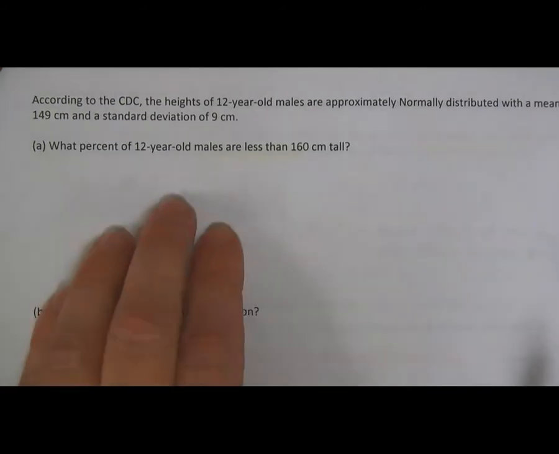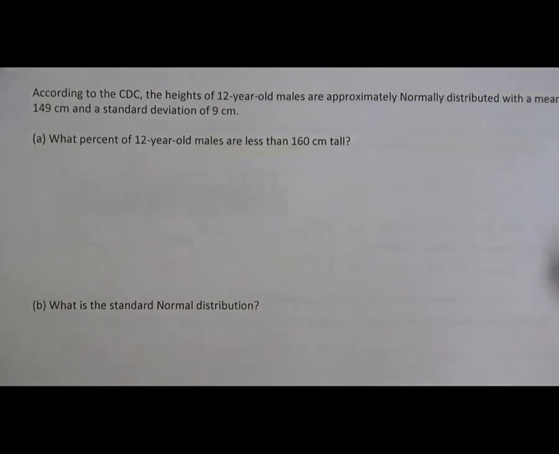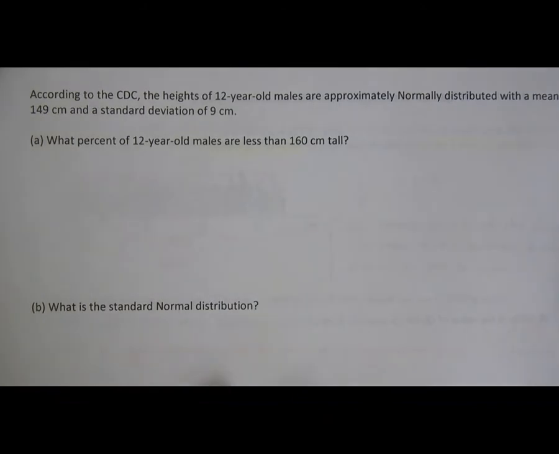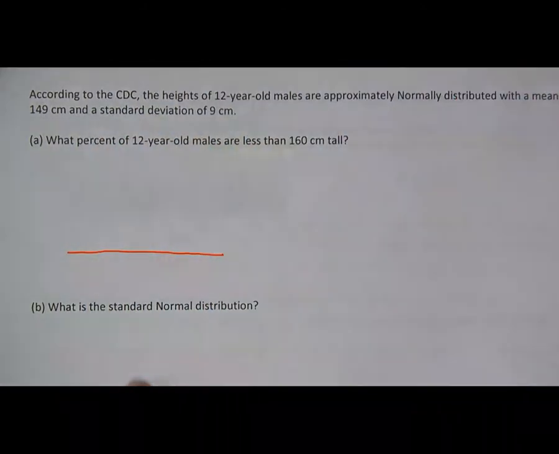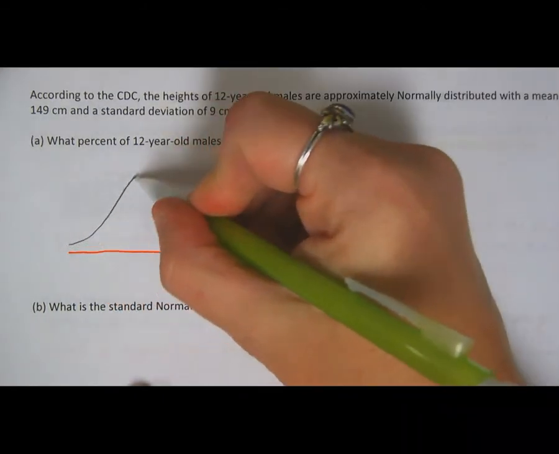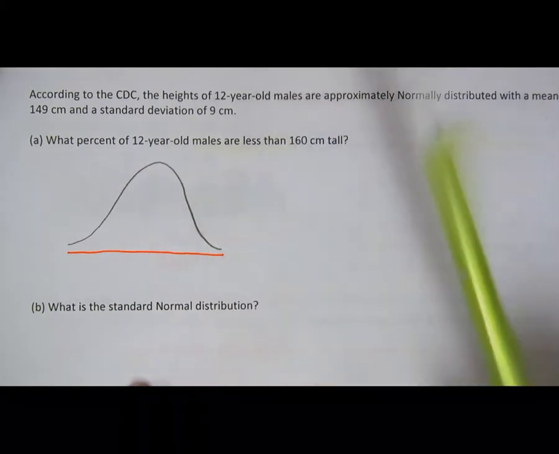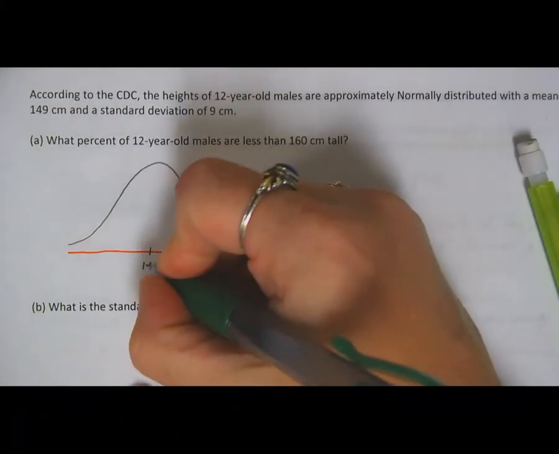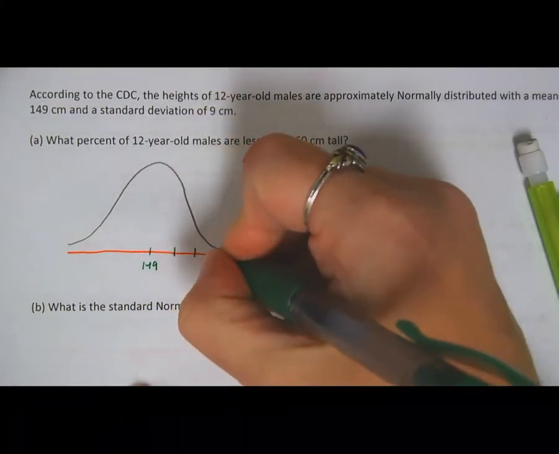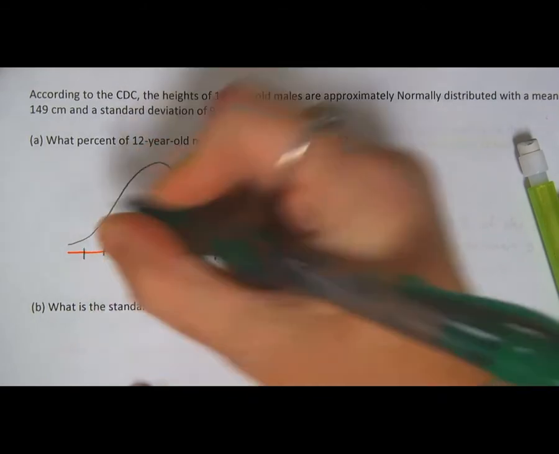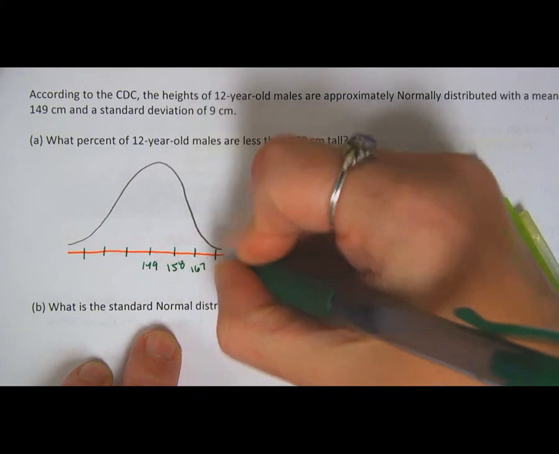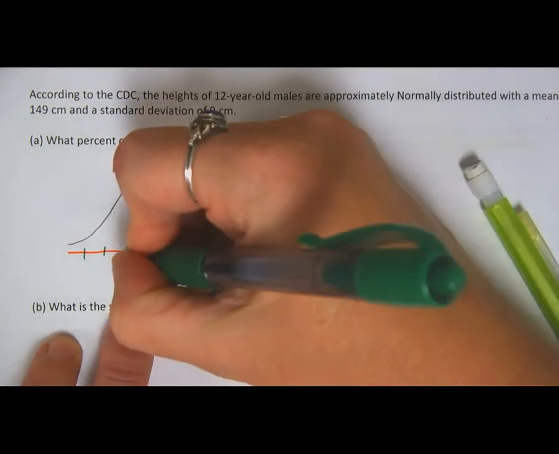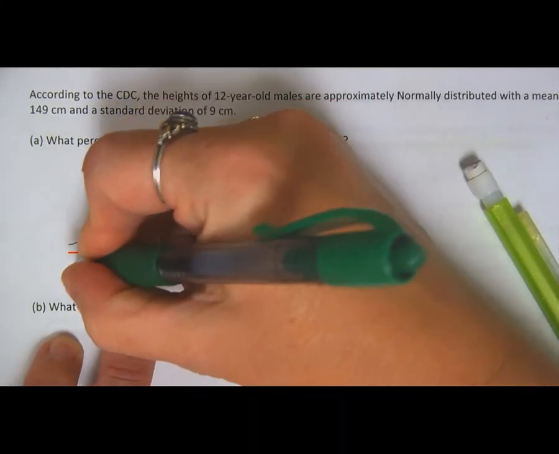This is going to be just like what I asked you about on the previous page. Here's the 12-year-old boy heights again. 158, 167, 176, 140, 131, and 122.